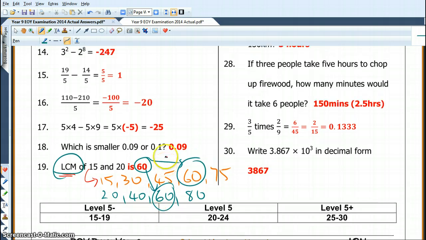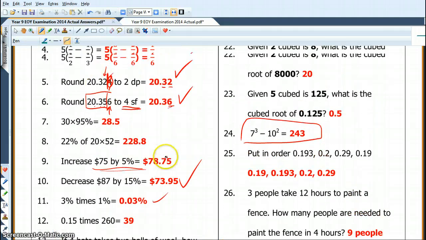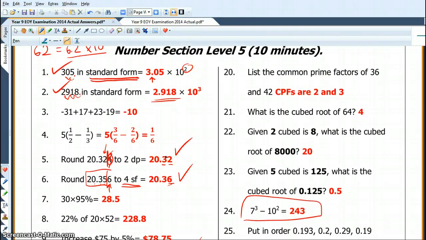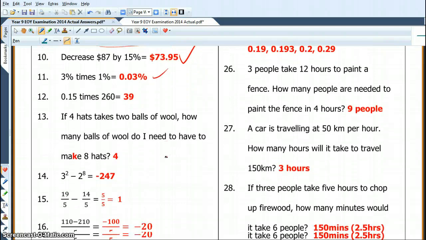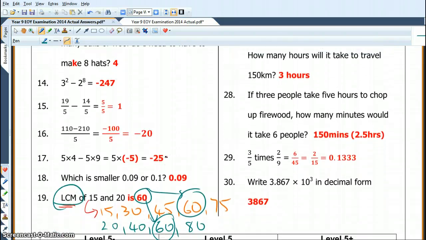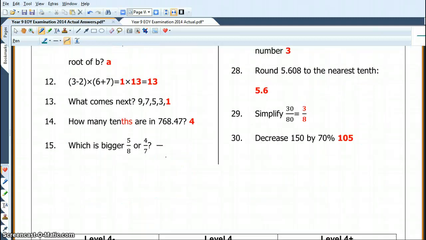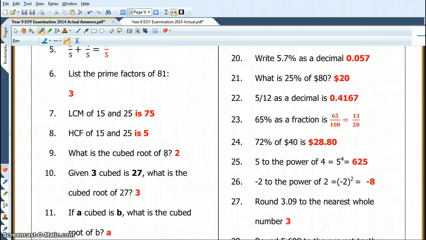Okay, let's go and find those common factors. Prime factors. Where's our highest common factor? Must be here somewhere. Here we go.